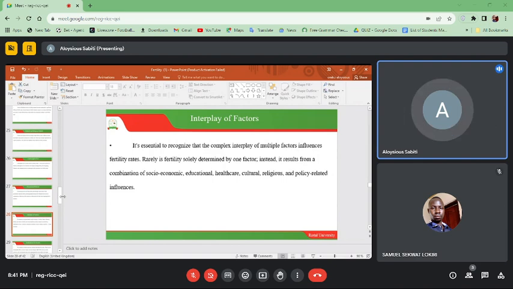So, the interplay of the factors. It is essential to recognize that the complex interplay of multiple factors influences fertility rates. Rarely is fertility solely determined by one factor. Instead, it results from a combination of socioeconomic, educational, healthcare, cultural, religious, and policy-related influences. So therefore, we cannot just say that someone's education level is the only one that is giving them this type of thought on definitions.